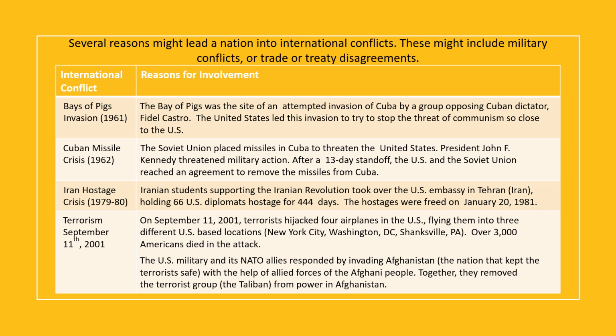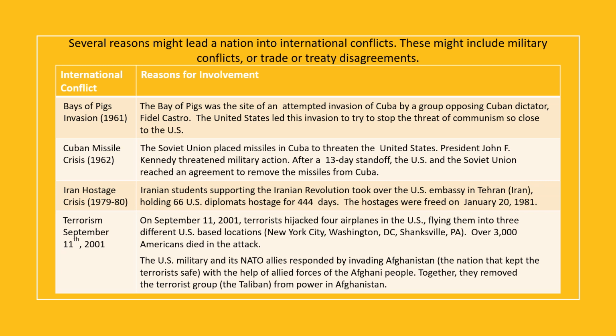The Bay of Pigs invasion focused on the site of an attempted invasion of Cuba by a group opposing Cuban dictator Fidel Castro. The United States led the invasion to try to stop the threat of communism so close to the United States. It is commonly understood that Cuba is 90 miles off the southernmost point in the United States in Key West.